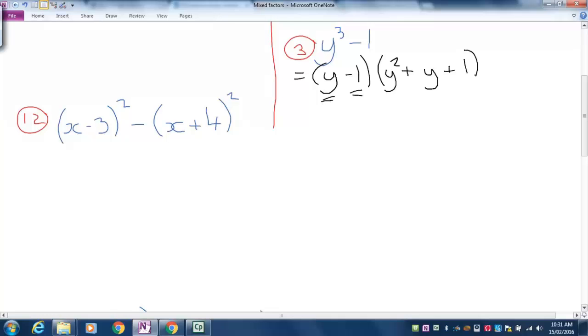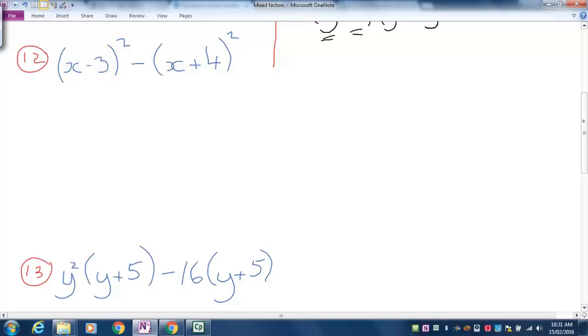For number 12, we don't want to expand these brackets.